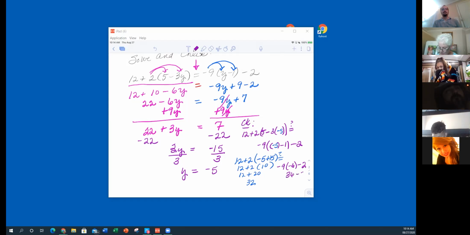So where did I go wrong? 34, because I did a check. Should be positive 36, right? Because you're multiplying negatives. Right. But minus 2, that would make it 34. But over here, it's 32. So something went wrong. Hmm.